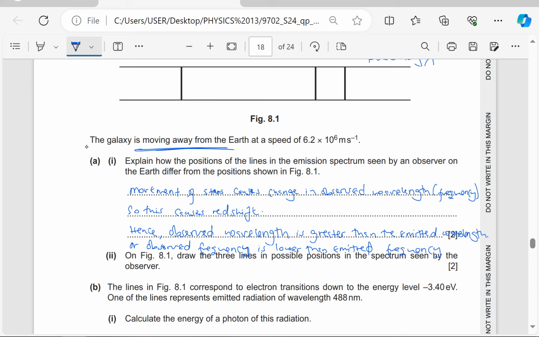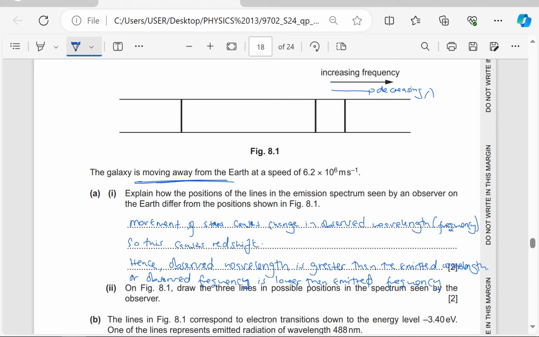So on the figure, draw the three lines in possible positions in the spectrum seen by the observer. So the lines are going to be shifted to longer wavelength or to smaller frequencies. So I'll shift them to the left-hand side. However, because the expansion is uniform, these lines are going to be shifted by the same distance to the left-hand side.